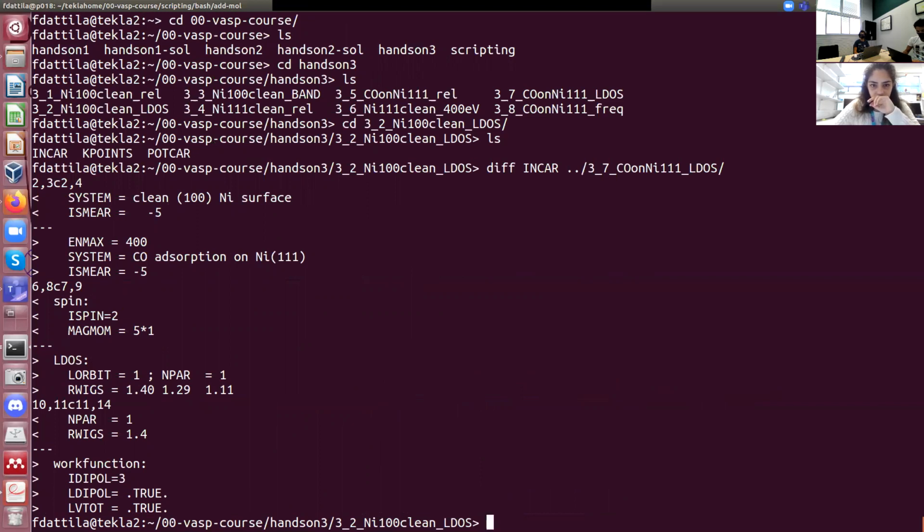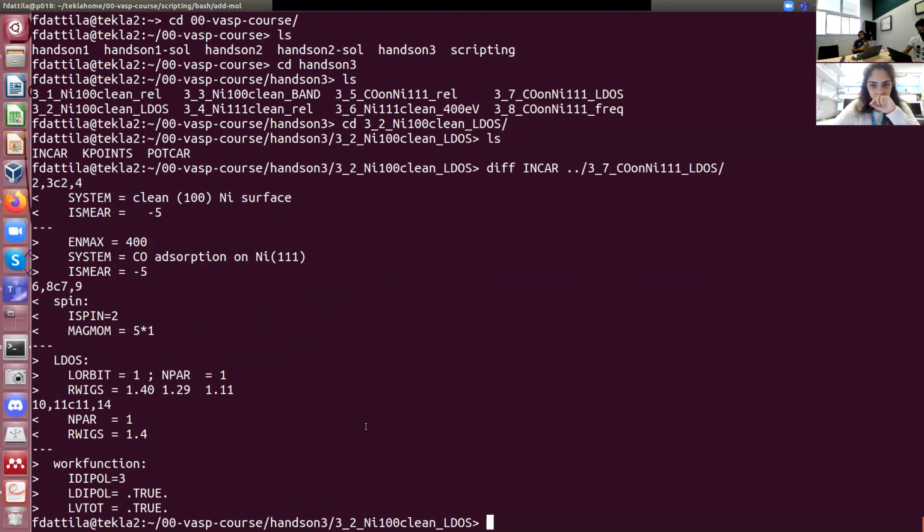And here I don't know why in the first one, the 3-2, they have taken into account the ISPIN 2 and the MAGMOM 5, but in the other one they didn't do anything about that.